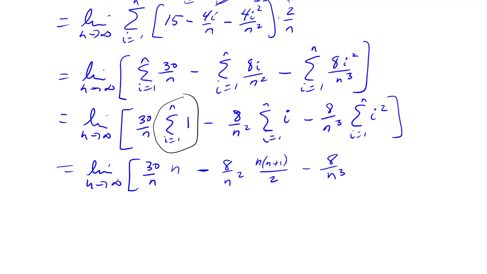I squared gives me, so that's actually n plus 1 times 2n plus 1 over n squared. No, back that up. I used the wrong formula there. That's going to be n times n plus 1 times 2n plus 1 over 6. Sorry about that.